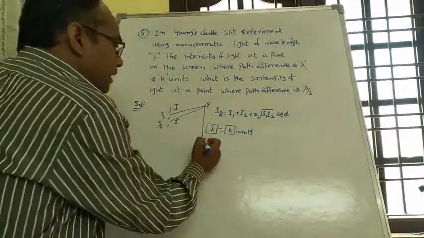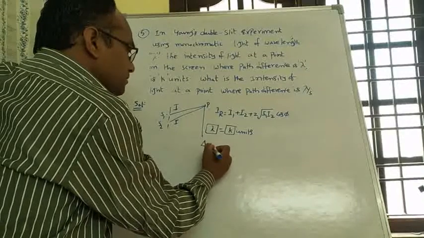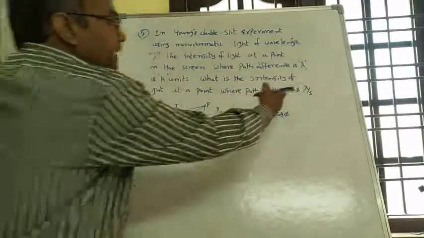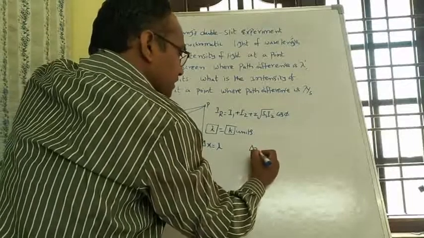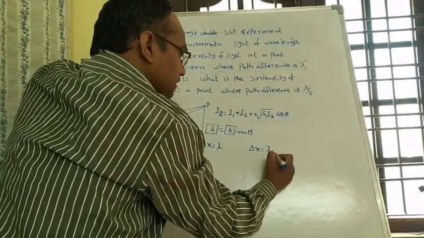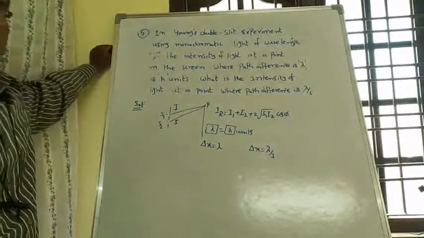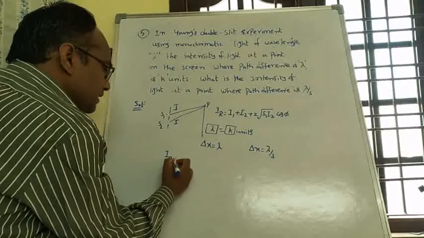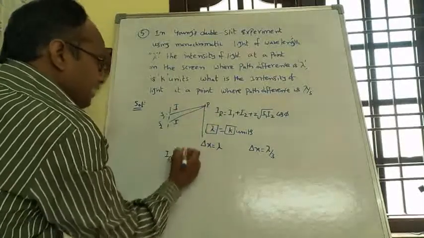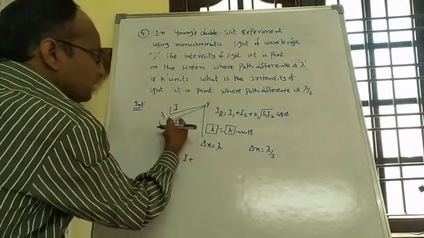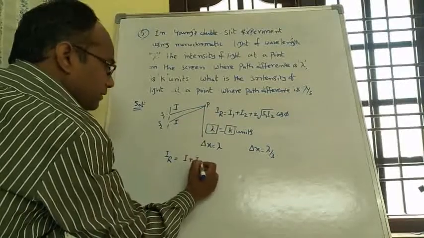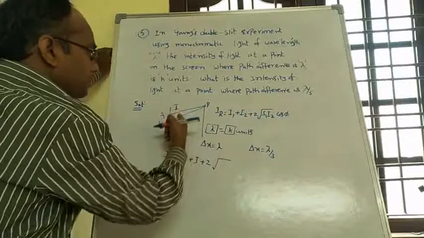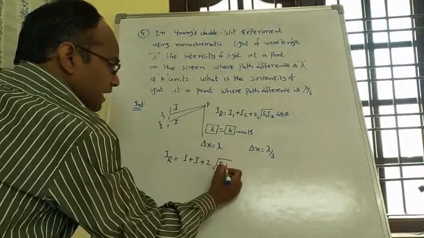So here path difference is assumed as delta x is equal to lambda, and here path difference they have given as what? Lambda by 3. Okay. Now here what happens? What we have calculated? Resultant intensity. I1 is I plus I2 is also I plus 2 into root of I1 I2, I into I.